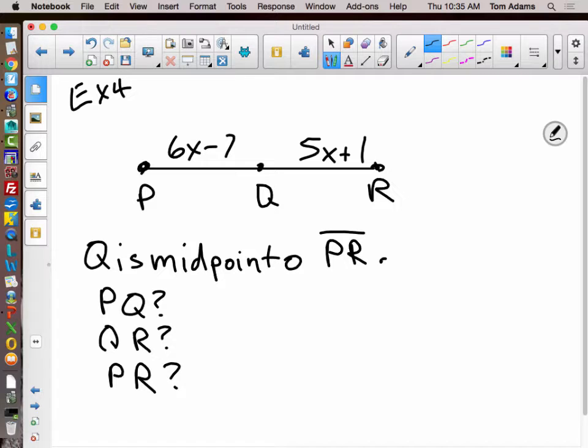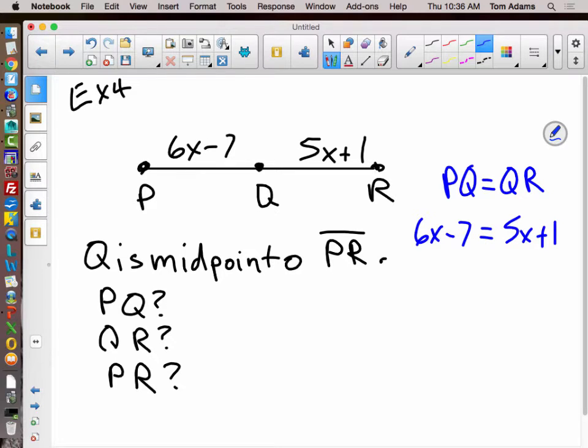Now this is similar to the problem that we just finished, example number 3, but not really. At least with problem number 3, they gave us a distance. But because Q is the midpoint of PR, what do we know? PQ and QR are equal. So we're going to say that PQ is equal to QR. Well, PQ technically is 6x minus 7, and QR is technically 5x plus 1.